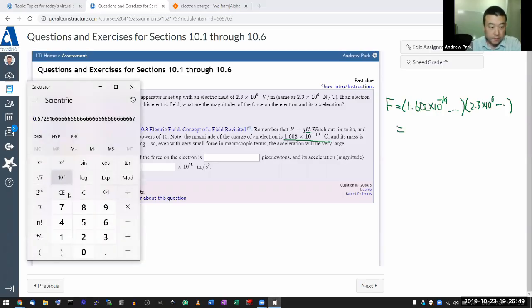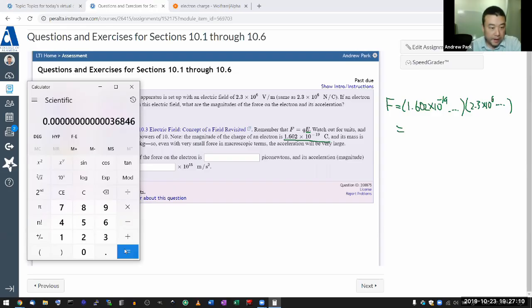So I have 1.602, and I'm just going to use the EE notation. That's the quickest way to put in scientific notation. Minus 19 times 2.3 E6.